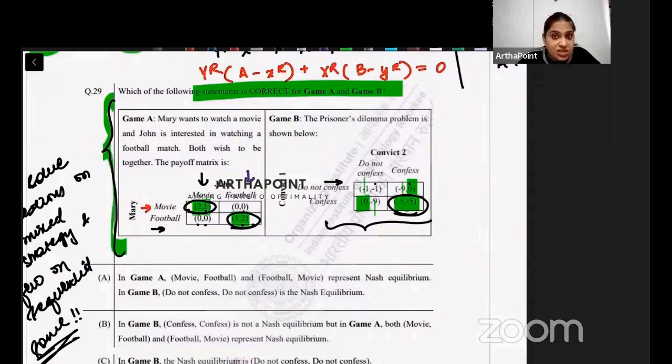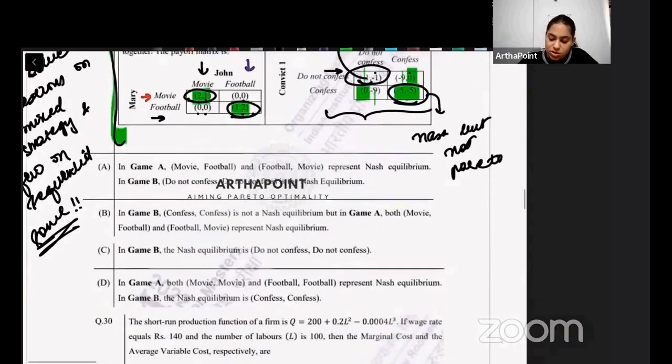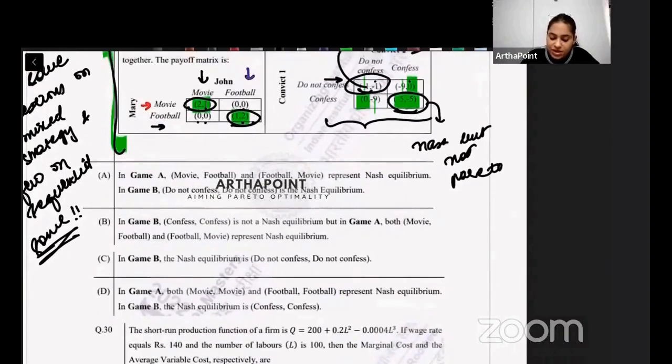We have discussed this in class that this is Nash, but not Pareto efficient. You should remember this. So the answer to this question is in game A, both movie and football are equilibria. And in game B, confessing is the Nash equilibrium. So D is correct.